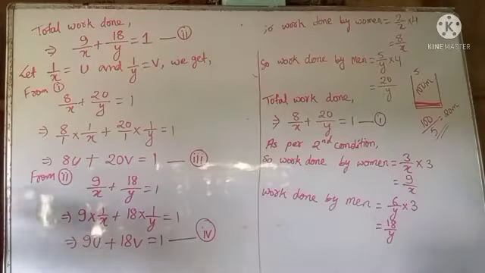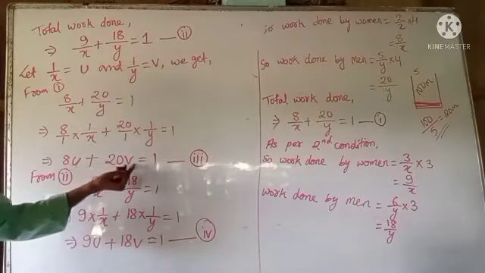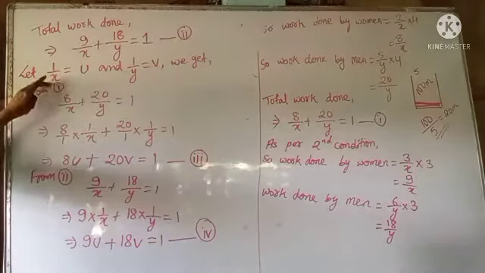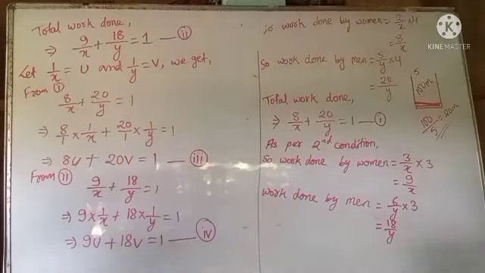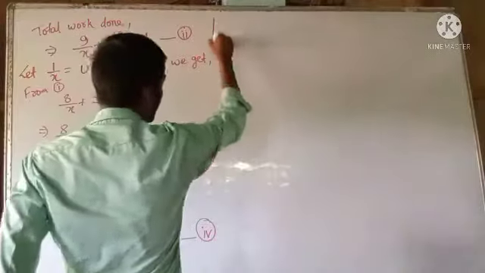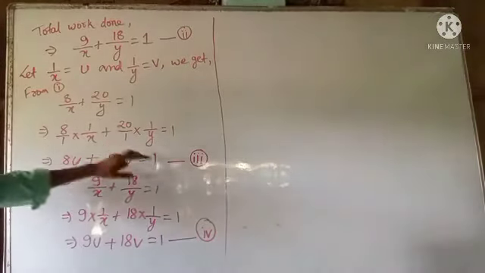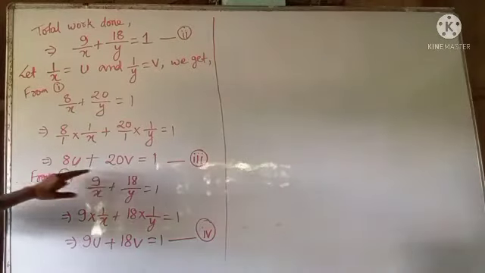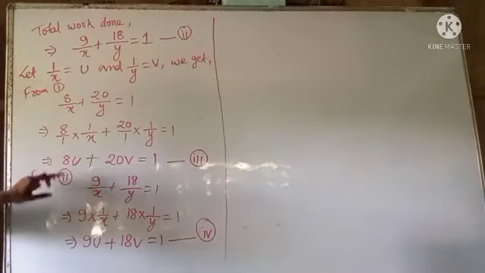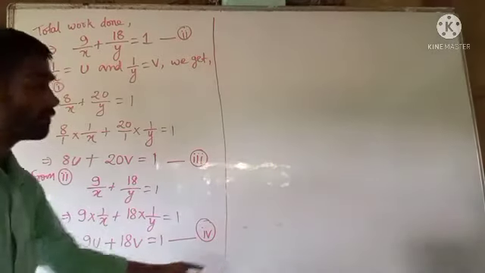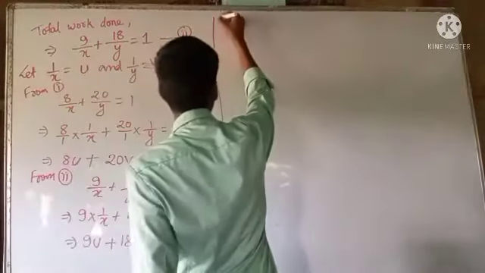Now we'll solve and we'll find the value of u and v. That value of u and v we will place here in order to get the value of x and y. So we'll write here the coefficient of u in equation 3 is 8 and the coefficient of u in equation 4 is 9. So what we will do is we will multiply them.